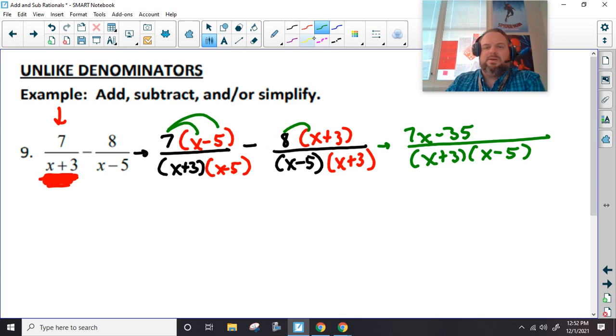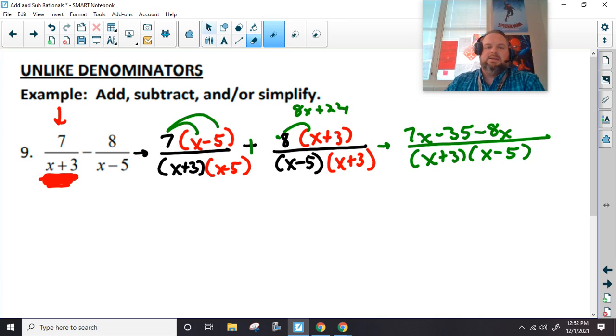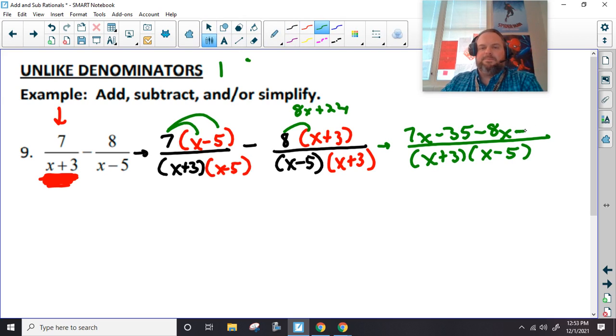A lot of people would change this and put a minus right here, and that's fine. That would actually make more sense for what I'm about to do, because if not, you would have 8x plus 24, and then you'd have to subtract it.